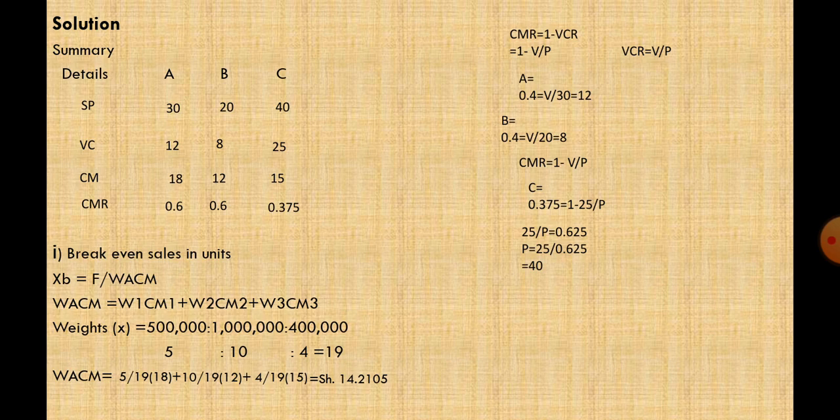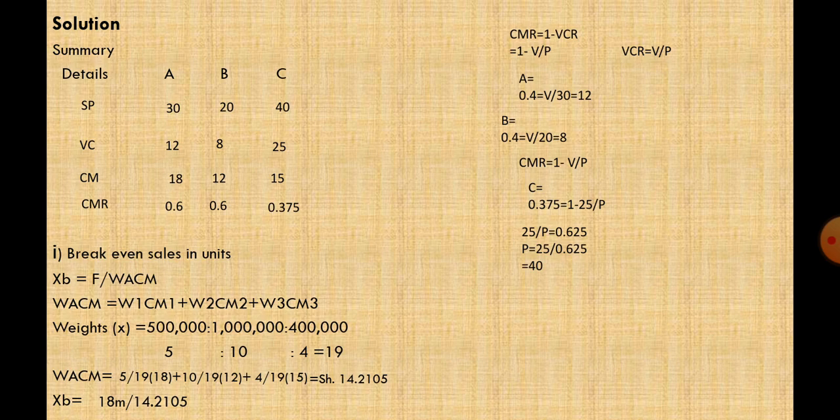So now, what is the break-even sales in units? Remember, 18 million was the fixed cost, divided by the weighted average contribution margin, which is 14.2105.